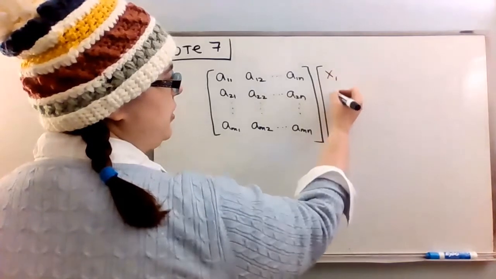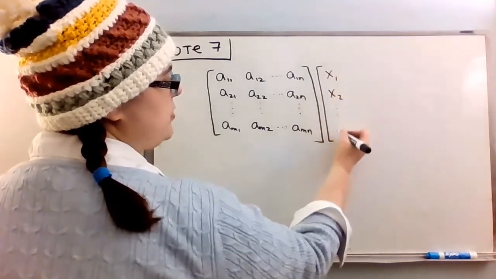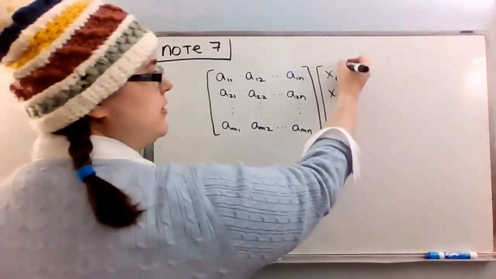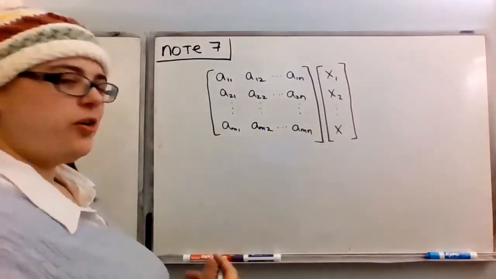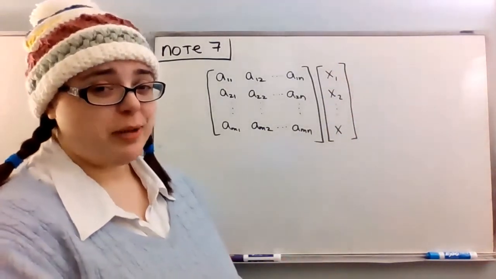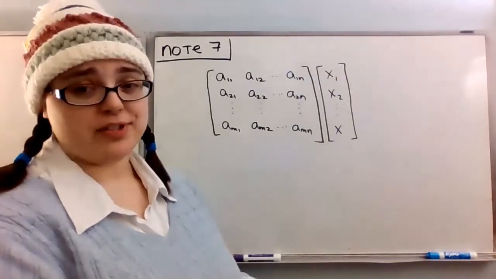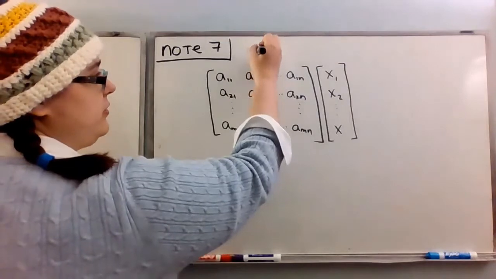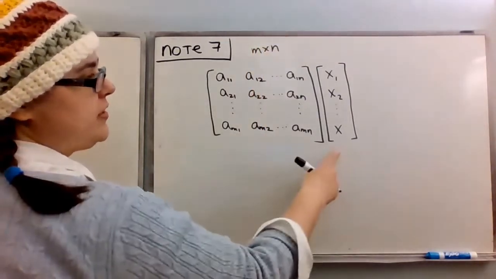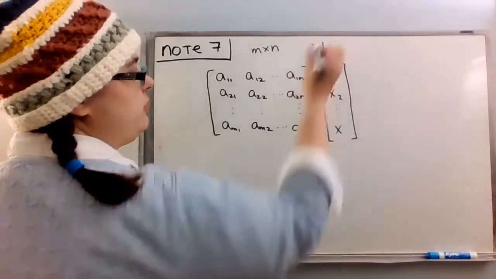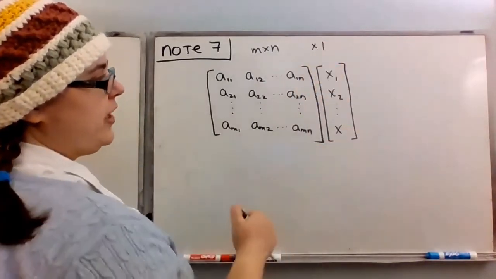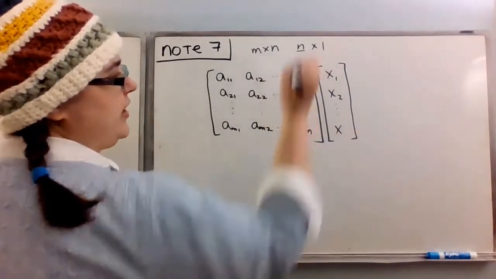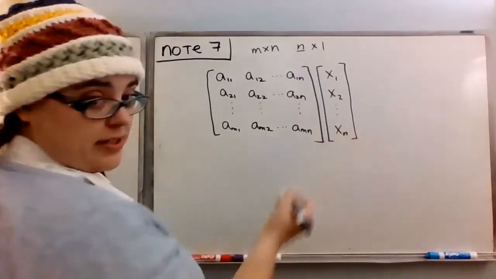So you have X1, X2, all the way down to X what? As you'll recall, in order to multiply matrices, they have to have compatible dimensions. So if this matrix is m by n, and this matrix is something by 1, just one column, it must be that in order to multiply, we have to have an n here. So this is going to be x sub n.